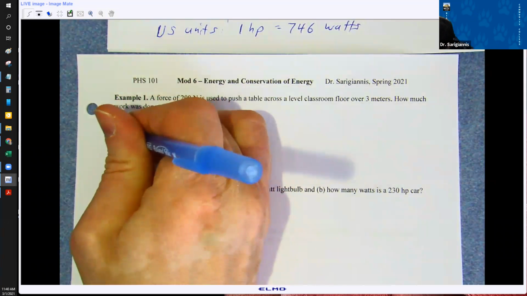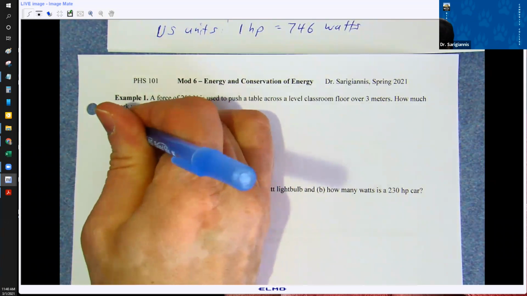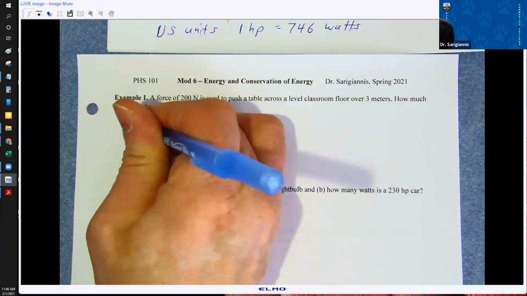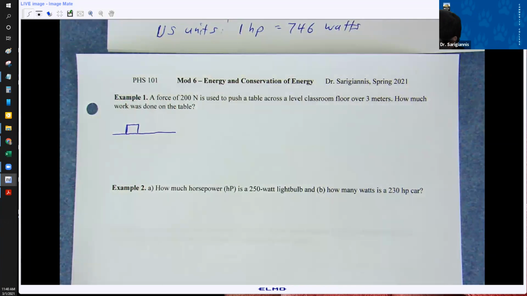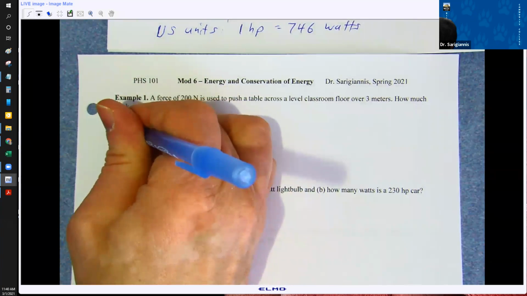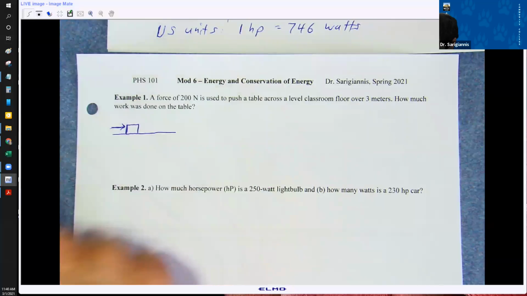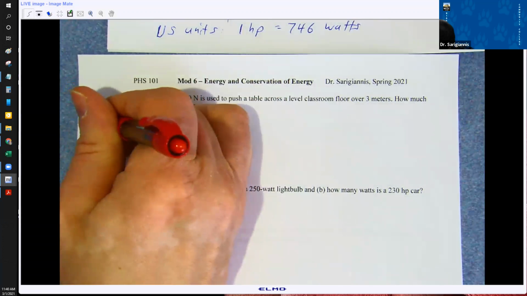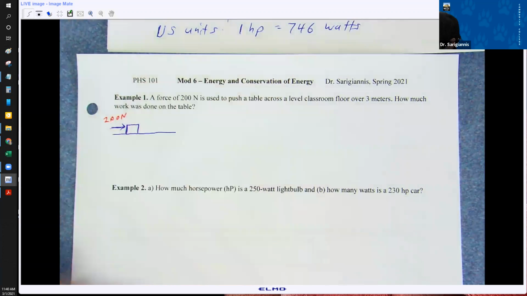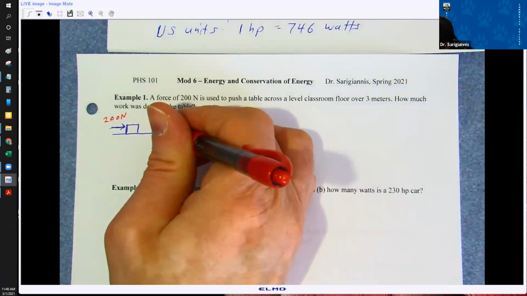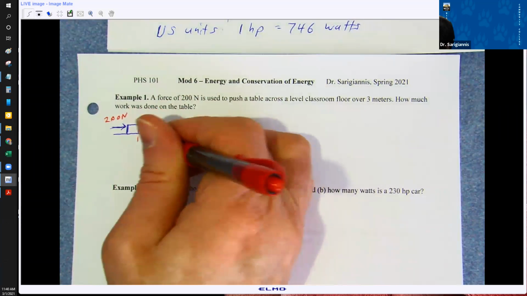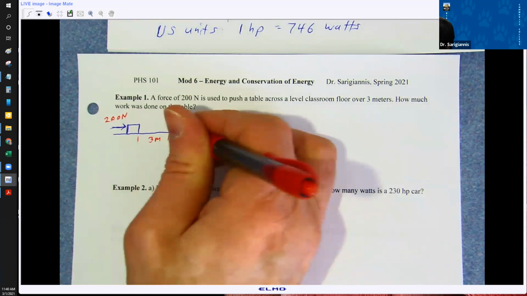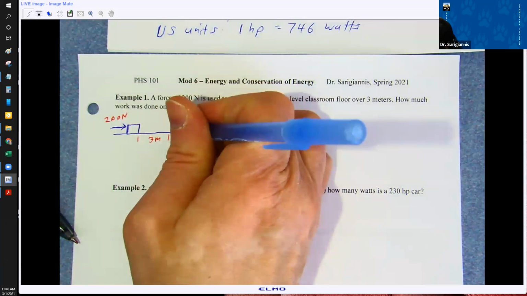All right, so what we're doing is we've got this table standing here, and it's on a level surface. And, well, I already started in blue, I might as well finish. We've got 200 newtons of force, and we're pushing this table through 3 meters of distance.